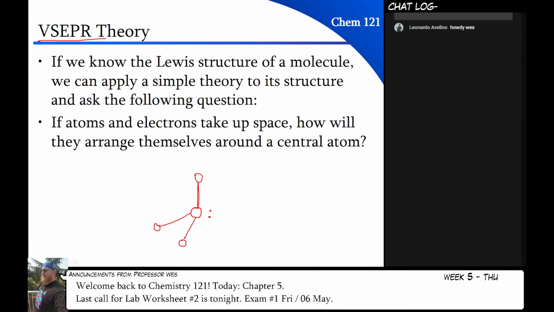If I was going to highlight the regions where electrons are in this space, I would say, okay, here, and here, and here, and also there. Where are there electrons? Well, electrons are in all bonds, so bonds are electrons, and so are non-bonding pairs.